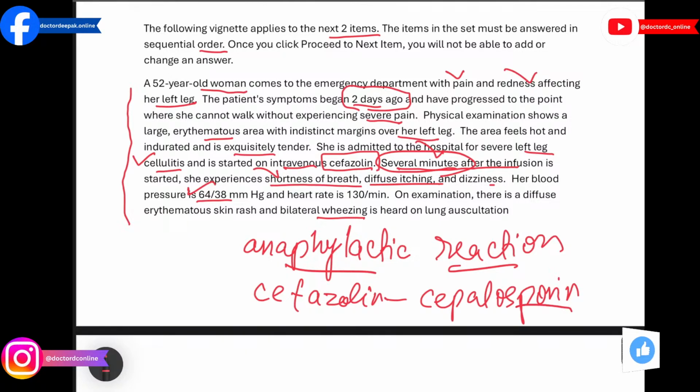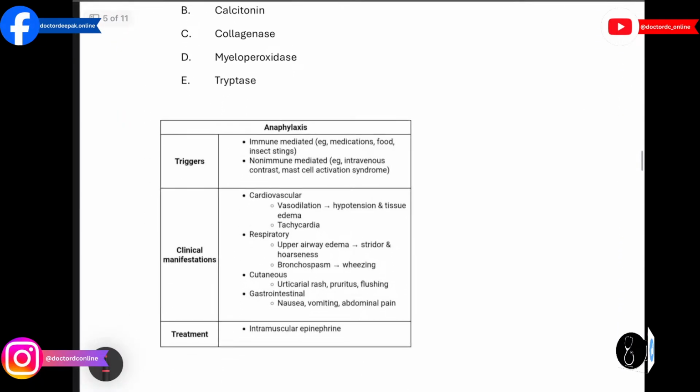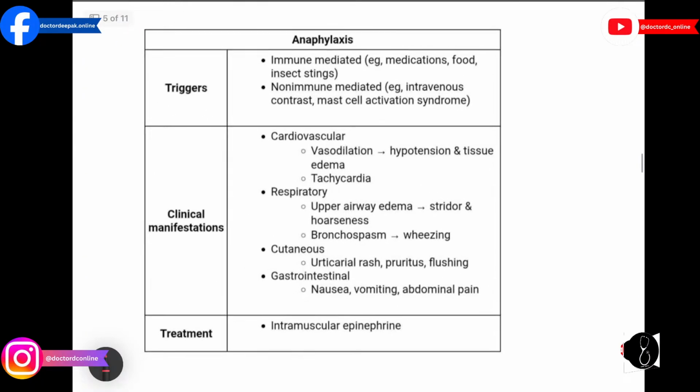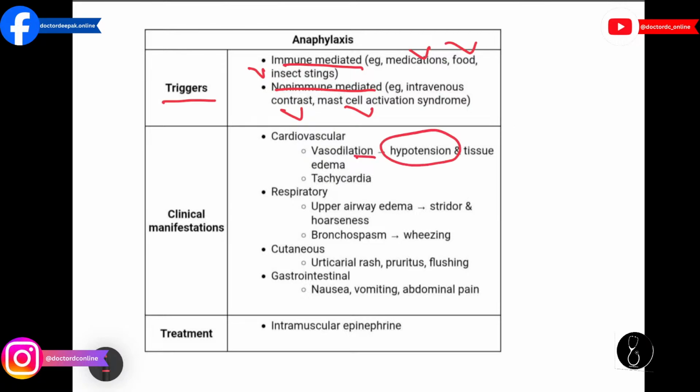Okay. So before we move on, I will let you know that I have one table of anaphylaxis. First, the things that trigger anaphylaxis. Immune mediated: medication, food, and insect stings. Non-immune mediated: intravenous contrast, medication, mast cell activation syndrome. For the clinical manifestation in cardiovascular, there will be vasodilation that will result in hypotension and tissue edema and tachycardia.